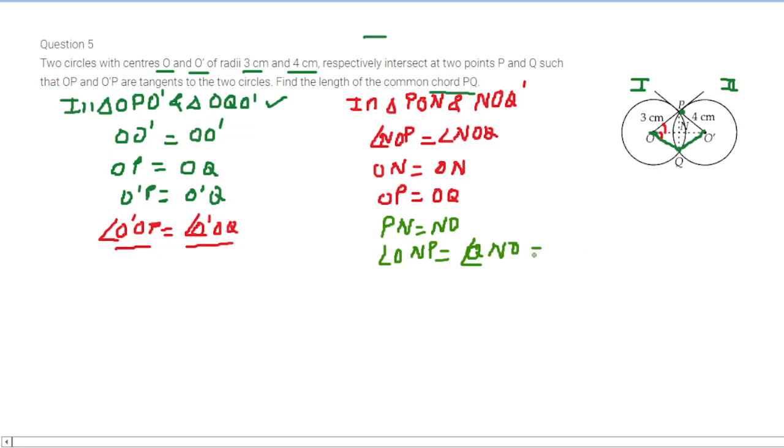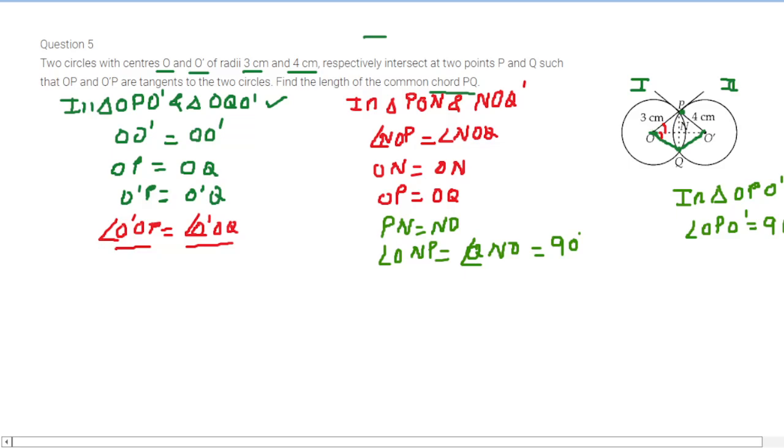So it means both these angles are 90 degrees because they are making a linear pair. Now in triangle OPO dash, we know that angle OPO dash will be 90 degrees because O dash P is a tangent to the circle and OP is a radius.